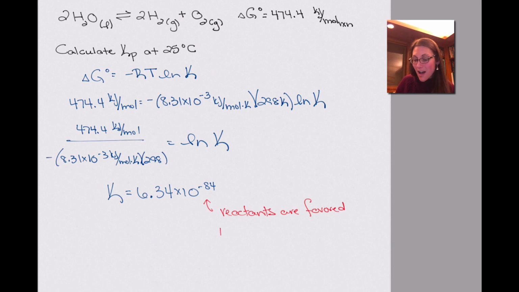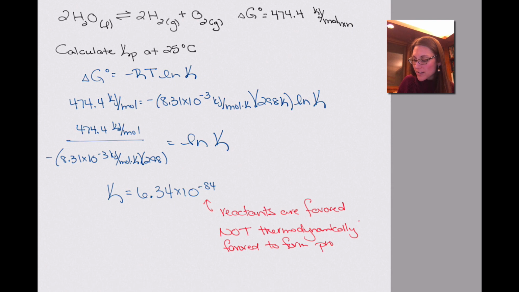It is not thermodynamically favored as written to form the products.